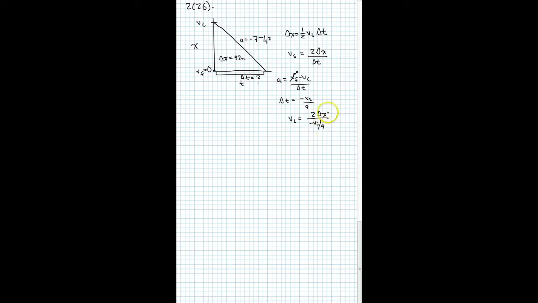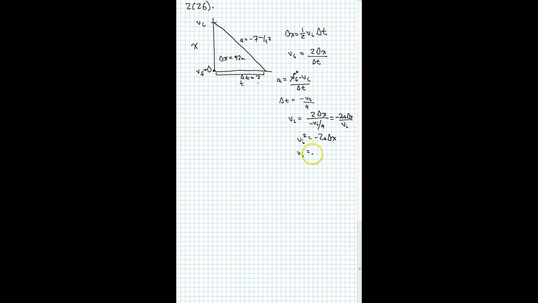So I'm going to bring this a up to the numerator to simplify the fraction. So this is going to be negative 2a delta x over VI. I'm going to multiply the VI up to the other side. So VI squared is negative 2a delta x.